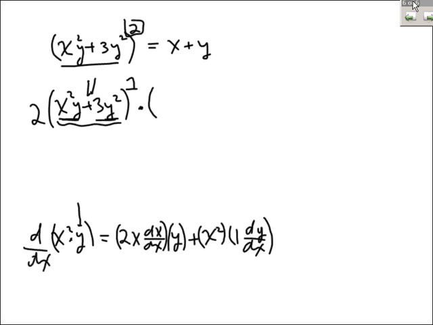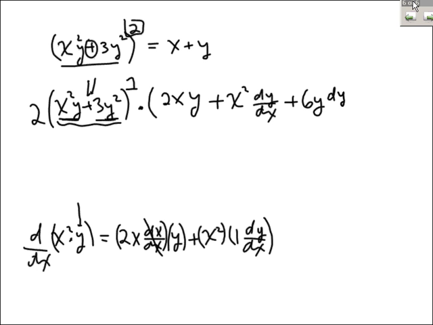That's the derivative of x squared y. So I'm going to write it down right here. So I get 2xy plus x squared dy/dx. Plus the derivative of 3y squared is 6y dy/dx. 3y squared is in terms of y with respect to x.